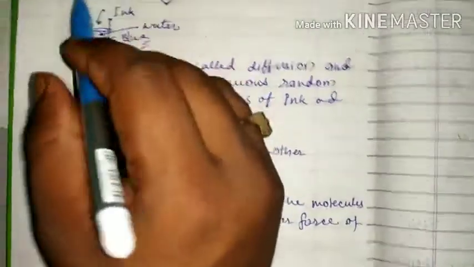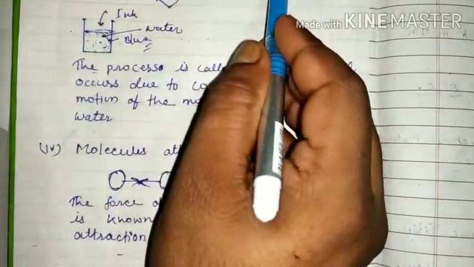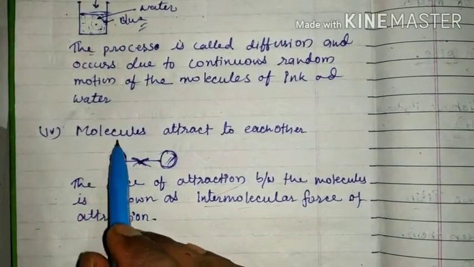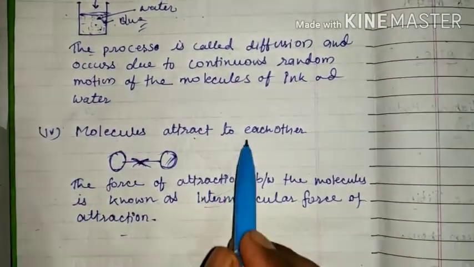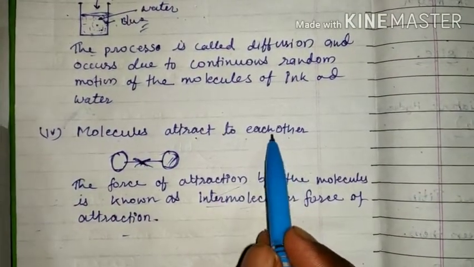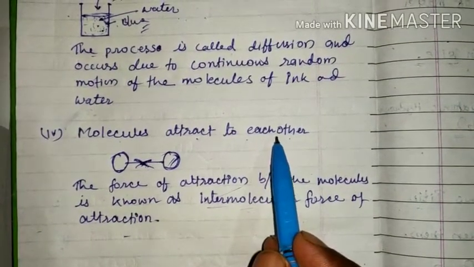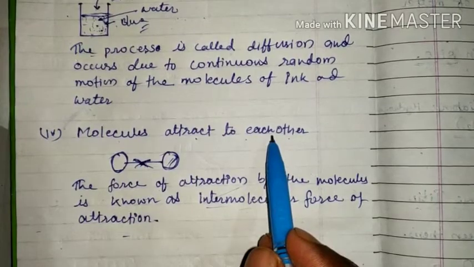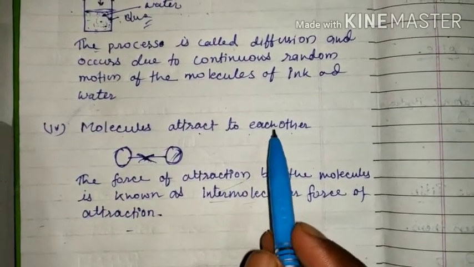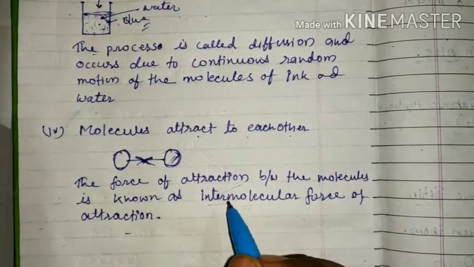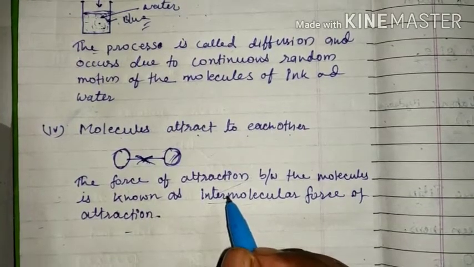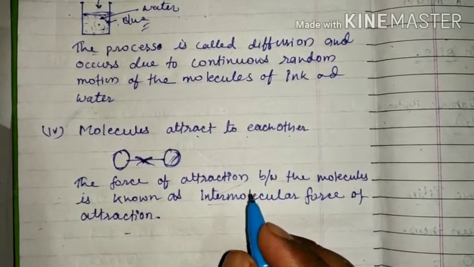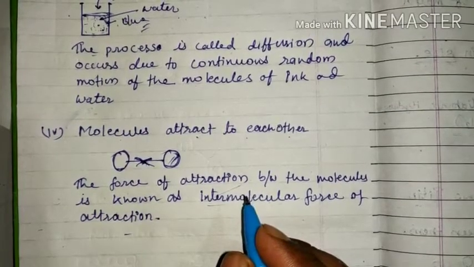The third is molecules are constantly moving. And fourth is molecules attract each other. These are the four properties of molecules. For today this is enough, and in the next class we will study the states of matter.